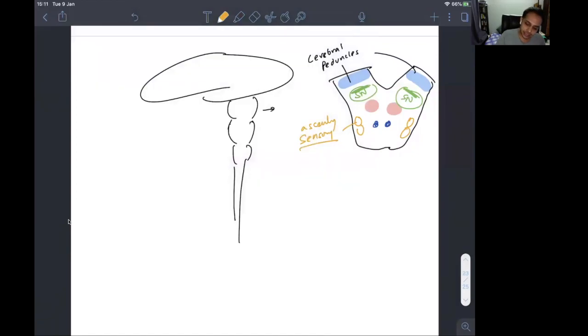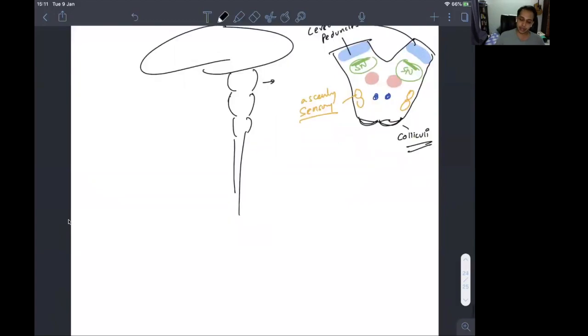And posteriorly, there is an interesting thing known as colliculi. Now, why is this interesting? So this is at the posterior part of the midbrain, and there are two colliculi, one above and one below. The superior one is called the superior colliculi, and the inferior one is called the inferior colliculi.